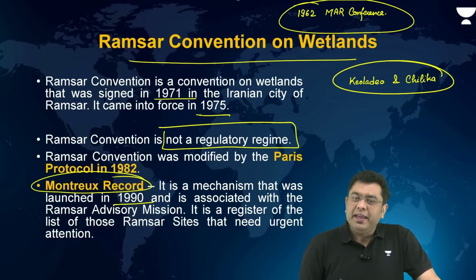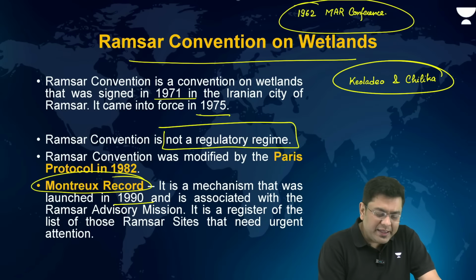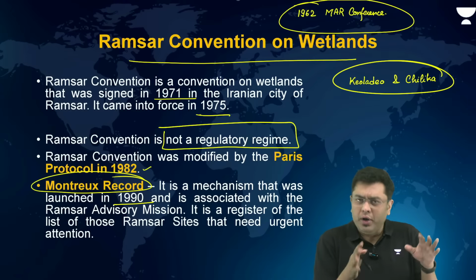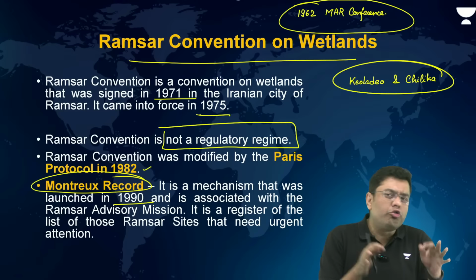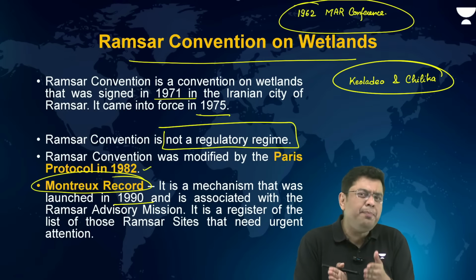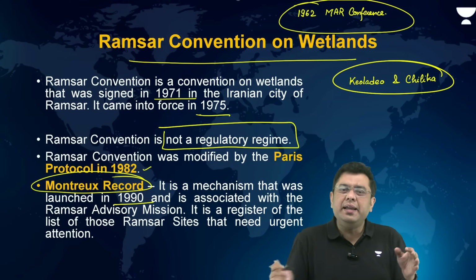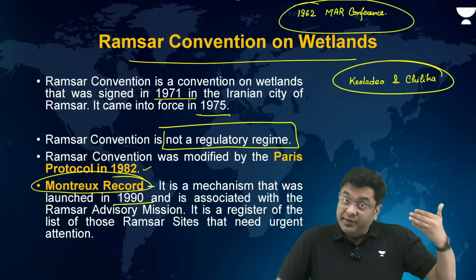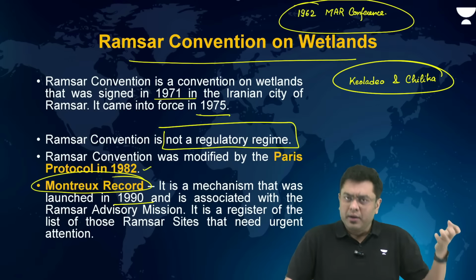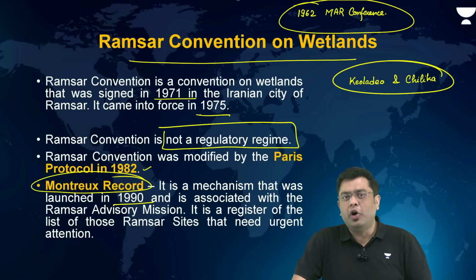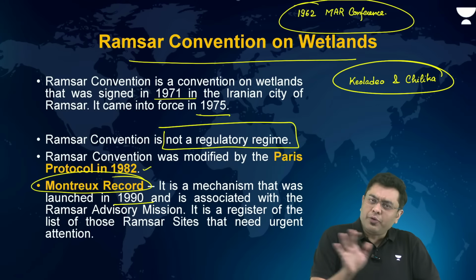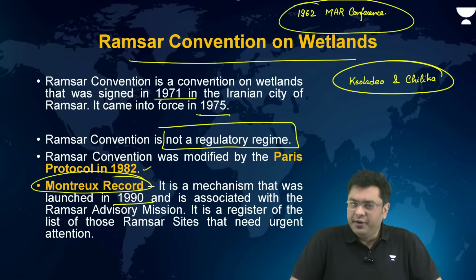Here, in this particular convention, you also have a protocol, that is the Paris Protocol of 1982. It is not very important to go into the depth of the Paris Protocol. It simply added certain criteria based upon which the sites or wetlands could be given the status of Ramsar site.